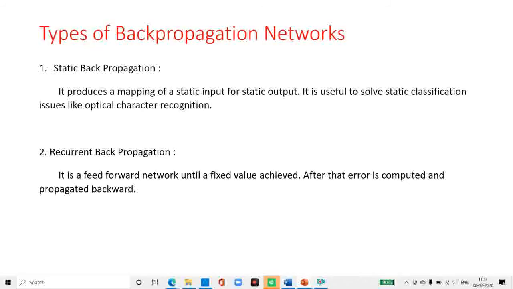The main difference between these two types is that the mapping is rapid in static backpropagation, while it is non-static in recurrent backpropagation. Okay, clear?